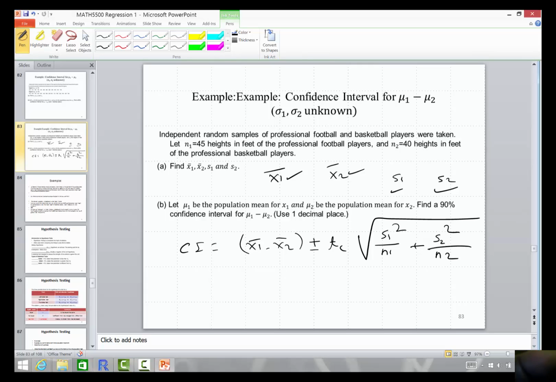This is the formula. We have x1 bar, x2 bar, s1, and s2 here, n1 is 45, n2 is 40.